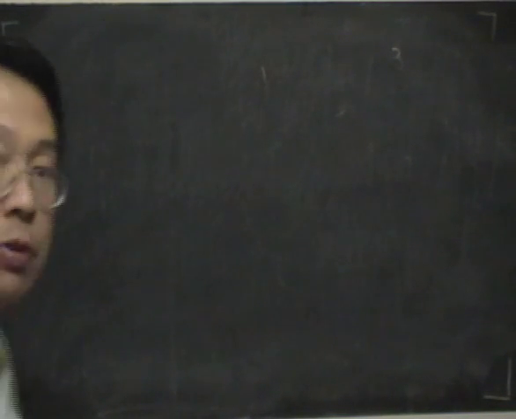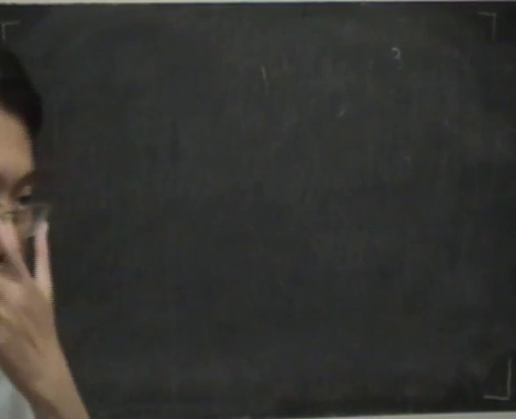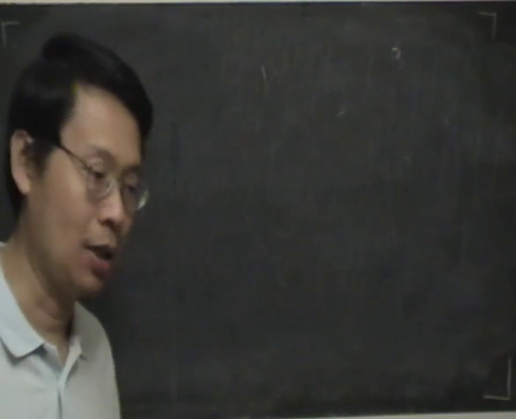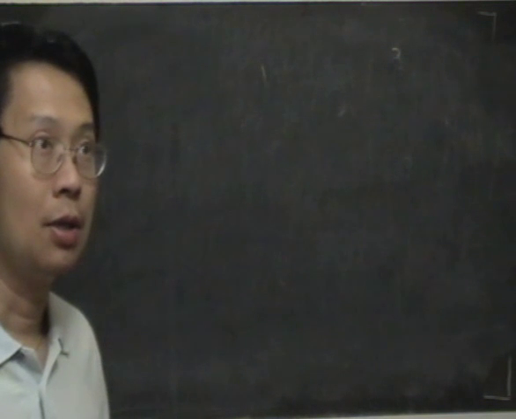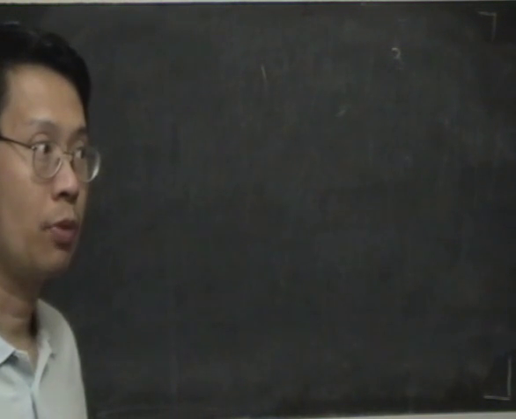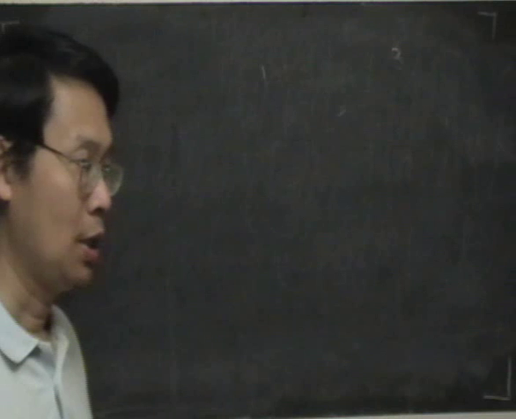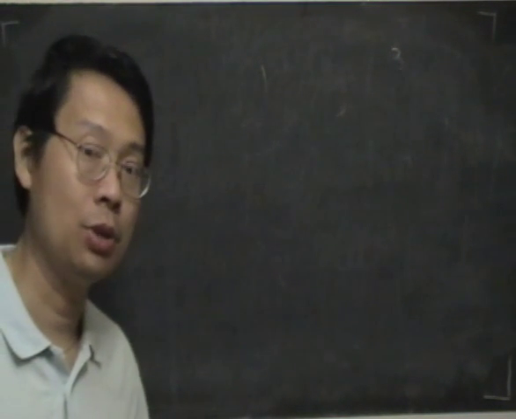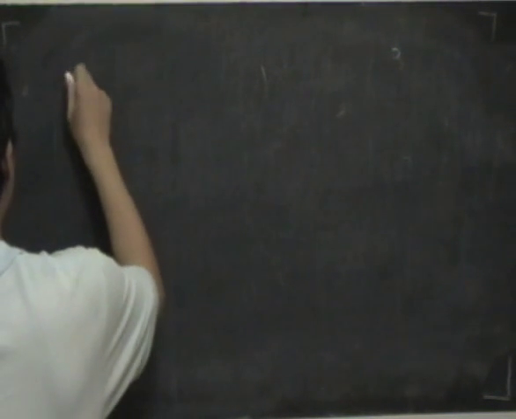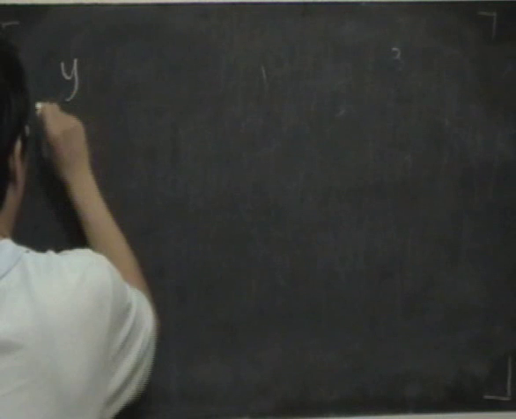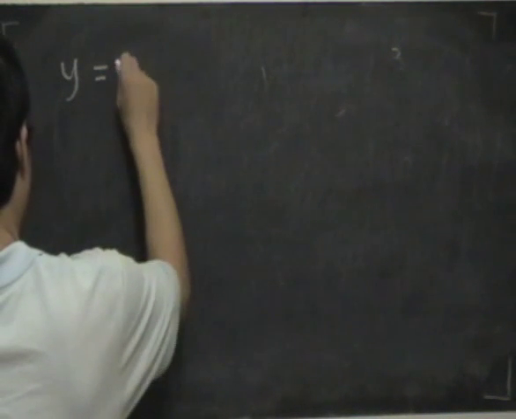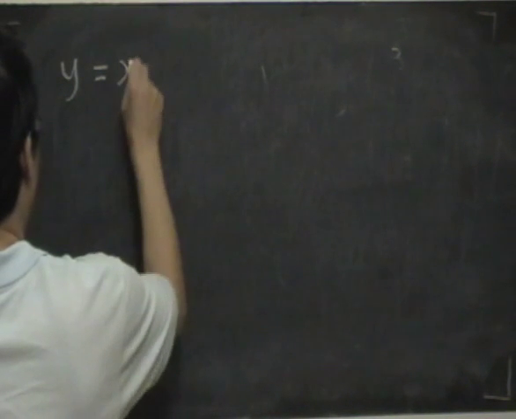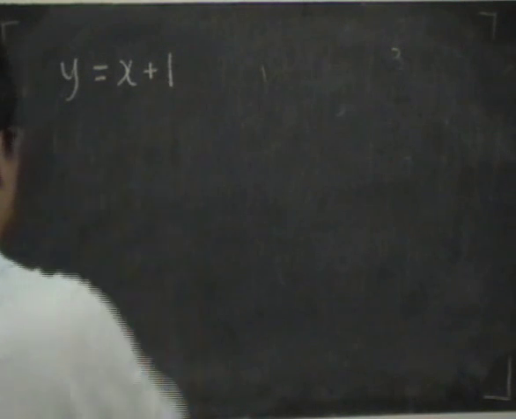Okay, now we have learned some equations already. We have learned in algebra quadratic equations and also linear equations. Right, a linear equation means something like that. Say y is equal to x plus 1.